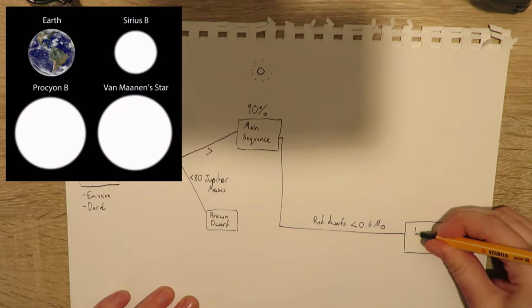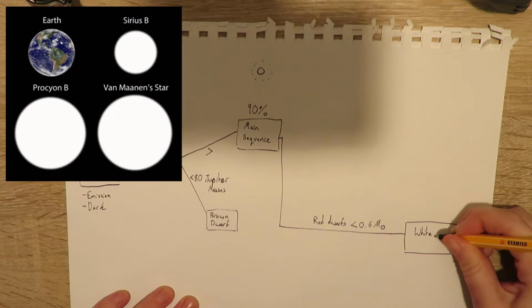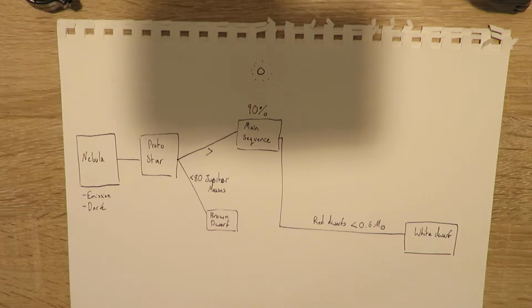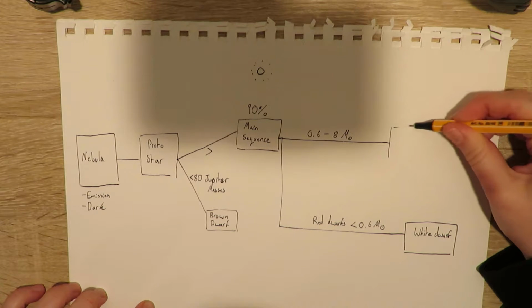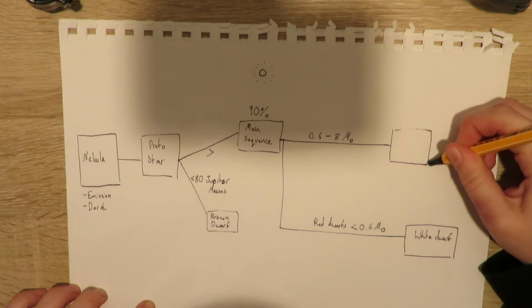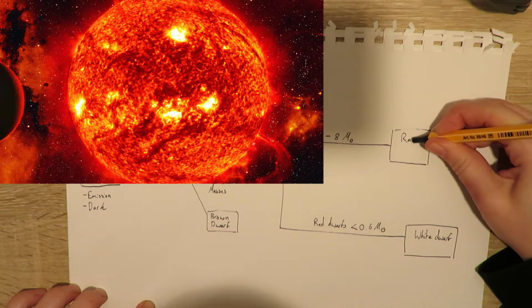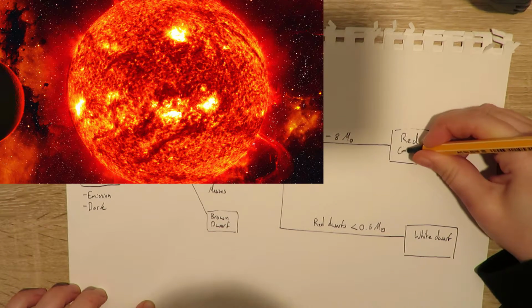So these become white dwarfs, and this happens kind of slowly over time for a red dwarf, so it just starts to get to the point where it's sort of running out of hydrogen, and then it will just gradually cool down and become one of these guys. These guys become red giants.